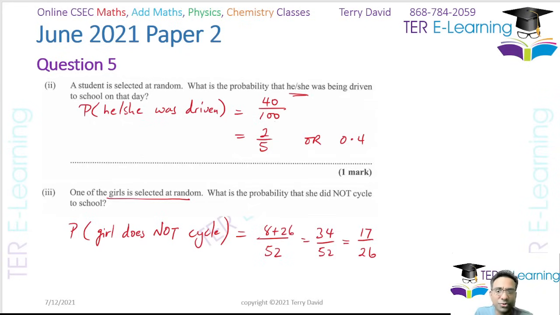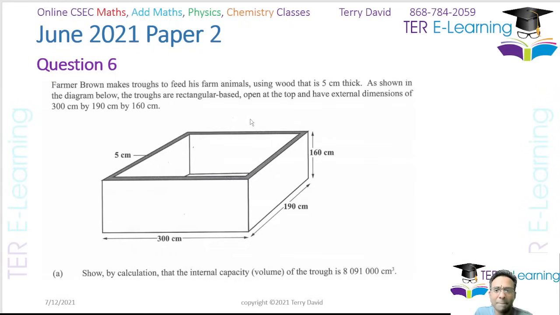Now let's move on to the next question, which is the measurement question. So let's look at the measurement question here now. Now, CXC did bring a question like this a few years back, maybe 2016, 2017. It was a question about a silver box, which is very similar to this one here.